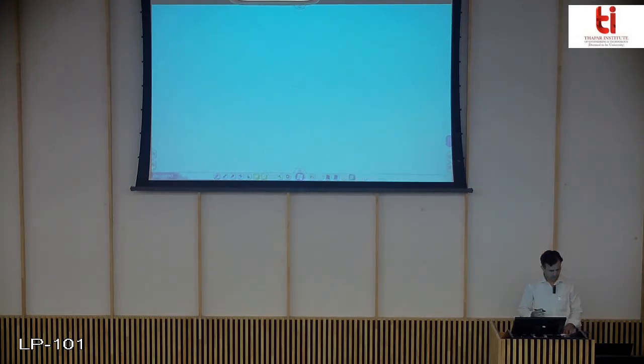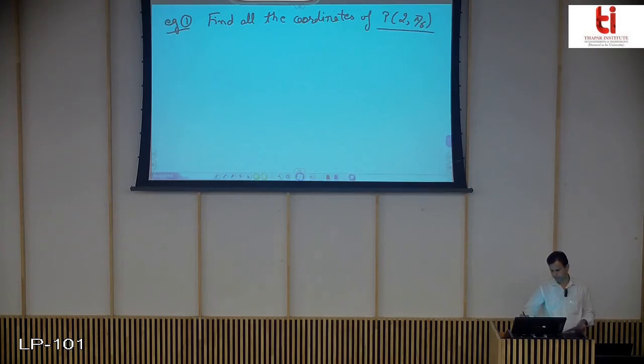Now next, I am taking an example. Find all the coordinates of the point P (2, pi/6). This example is to show you, first, that a polar coordinate has infinitely many representations; mathematically we will show that.